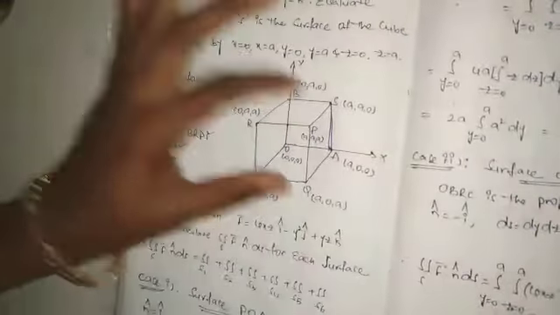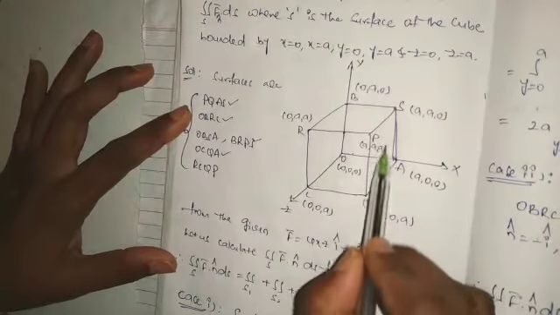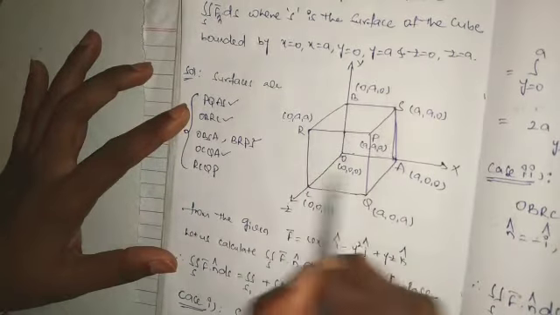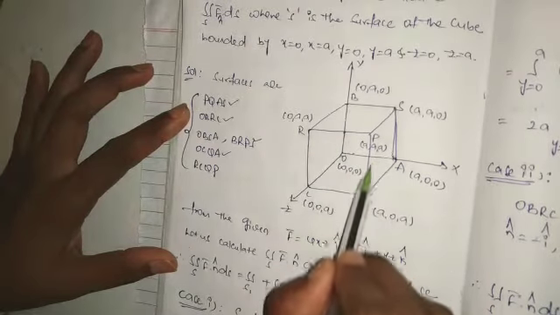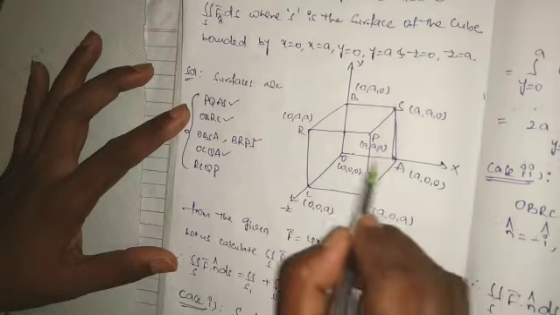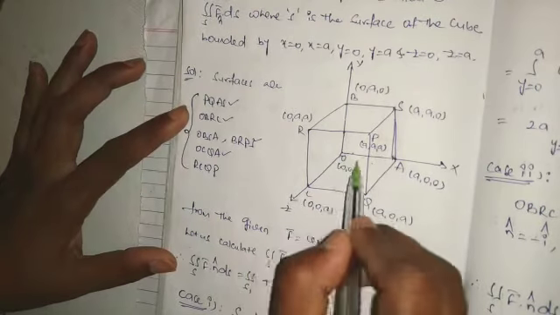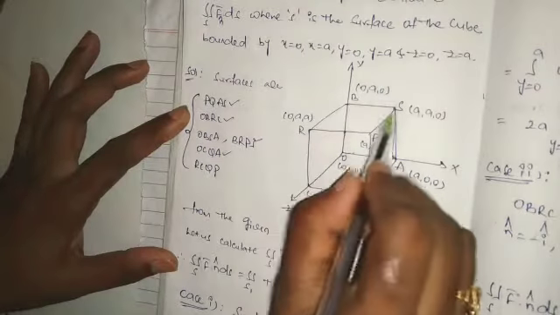In the cube we have 6 surfaces. One is this one, and this is its projection. Again this is the second surface, and OCQA is the next surface, and the projection of this one is here, PRBS.